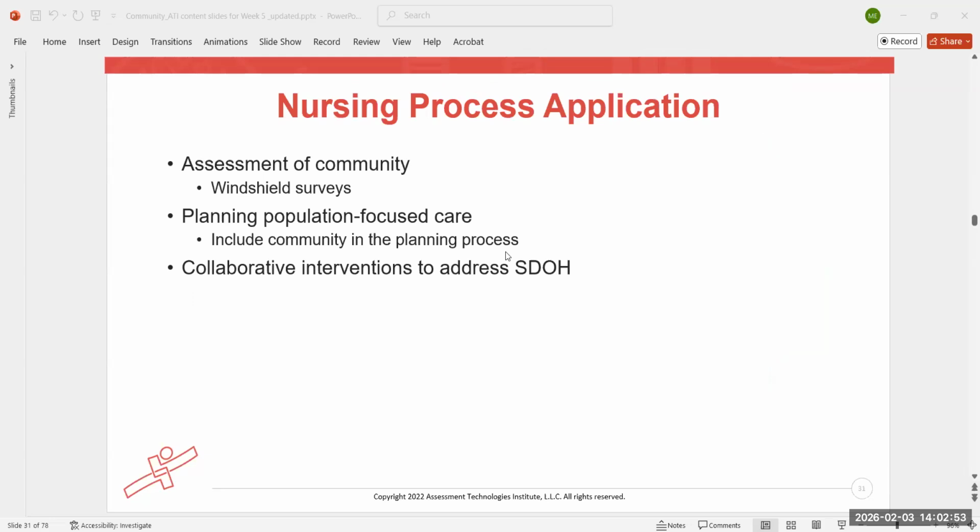So when we look at how do we collect the data, there's a couple things, and I had mentioned this previously, that you want to do when you're looking to assess the community. You want to define what is the community, who is your patient that you're working with. And then we're going to collect the data.